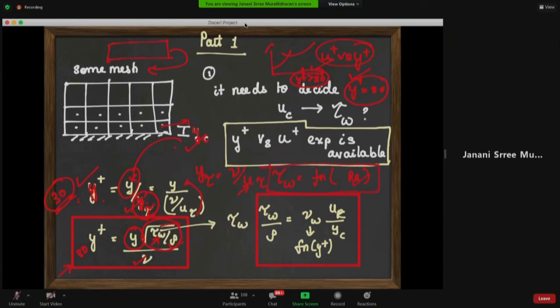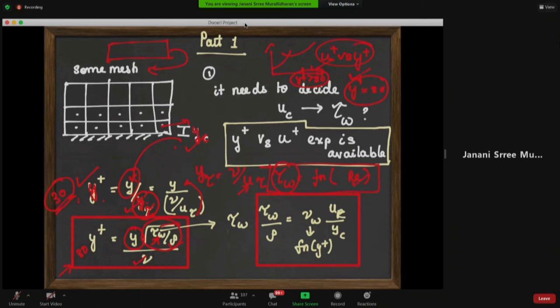They will know the Reynolds number in their system. So they will put that Reynolds number in, get this tau wall, and plug it in here. So you know everything except the Y. So it will give you a rough estimate of this first cell center, with which people will mesh their domain.